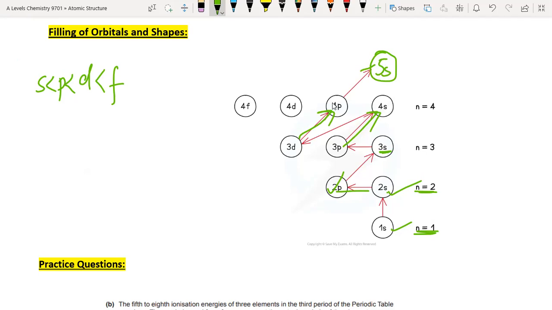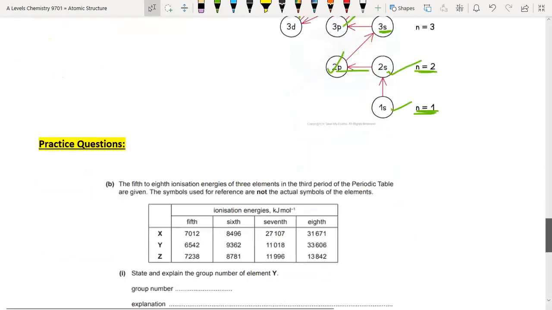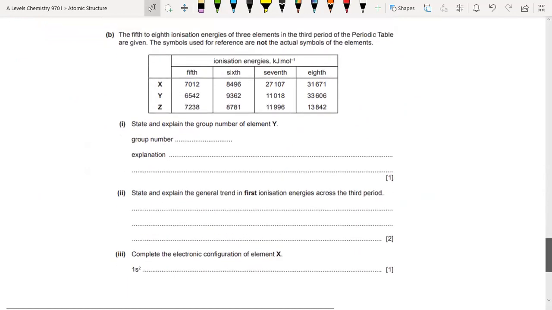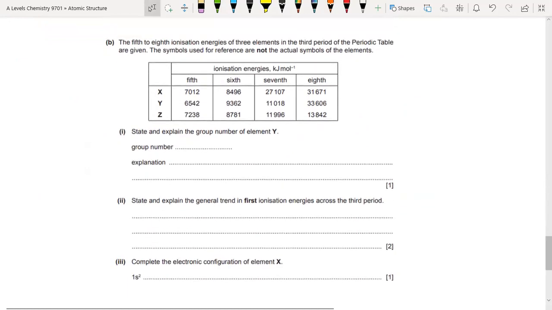But up till now, what we have learned, on the basis of which we are going to solve a practice question on the past paper. The question is right on the screen.